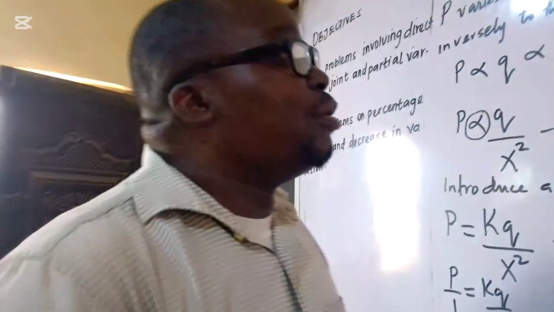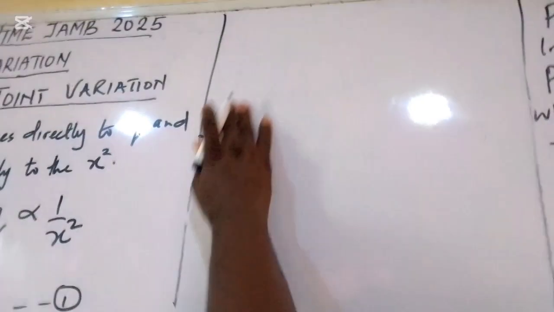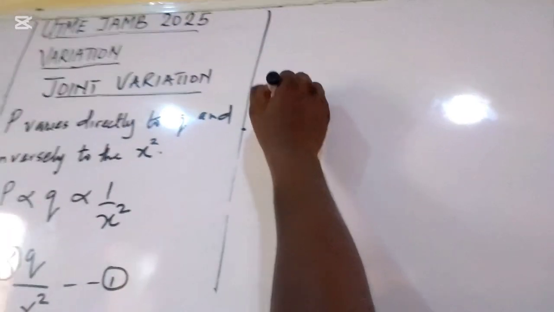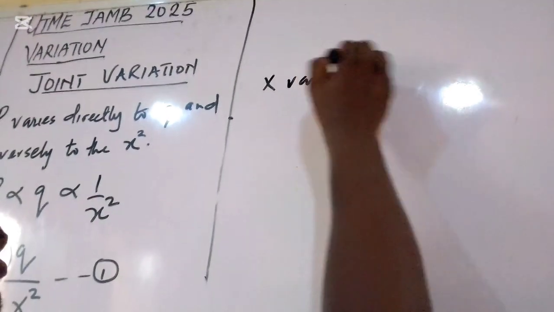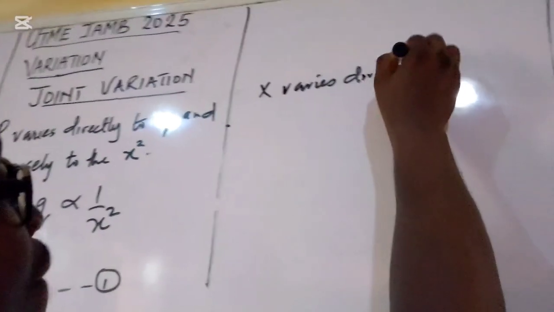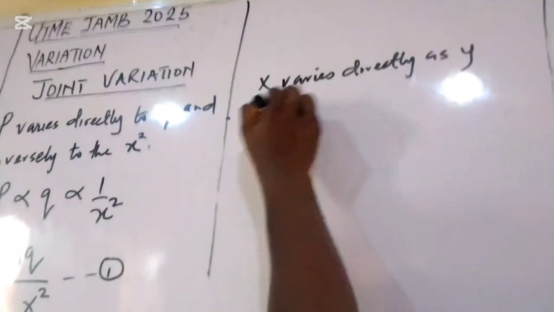So if we consider a question that has to do with joint variation, yes, who will help me? x varies directly as y and inversely as z.